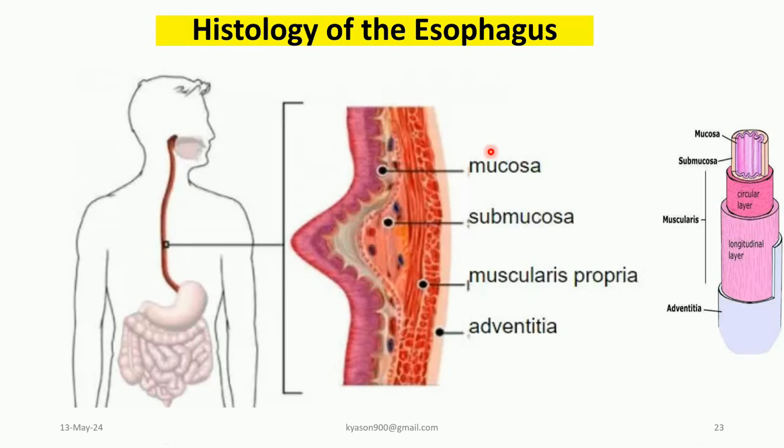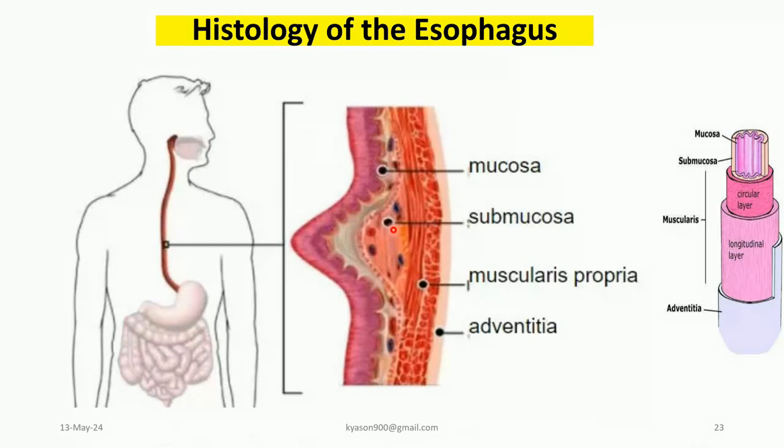Then beneath the mucosa, we have what we call the submucosa. To make it clear, this is more inner, this is more outer. As we go out, we have the submucosa, and this submucosa is made up of neurovascular structures, blood vessels and nerves that are going to be innervating these muscles here.